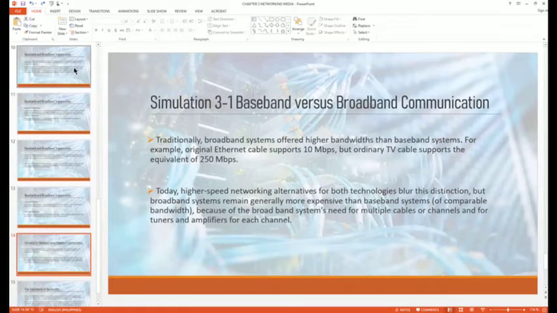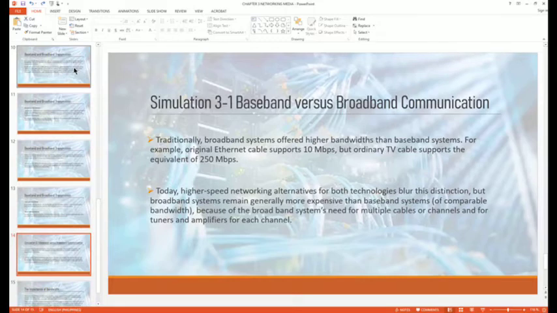Now let's go to baseband versus broadband communication. Traditionally, broadband systems offered higher bandwidths than baseband systems. For example, original Ethernet cable supports 10 Mbps, but ordinary TV cable supports the equivalent of 250 Mbps.